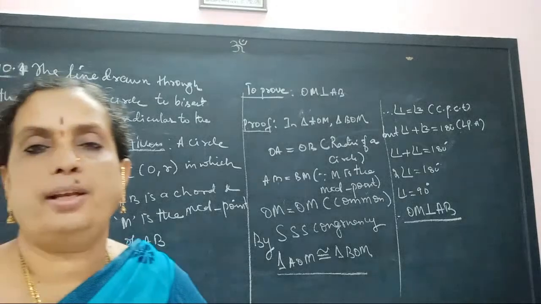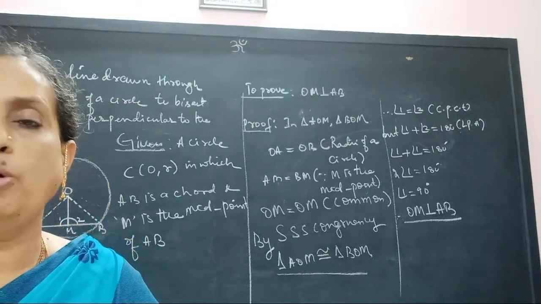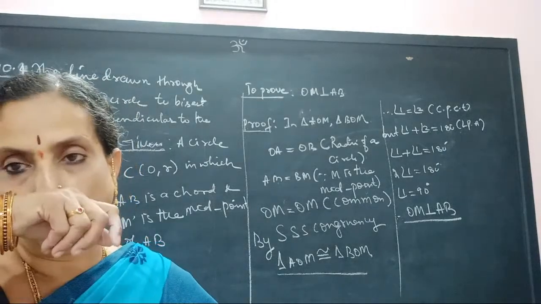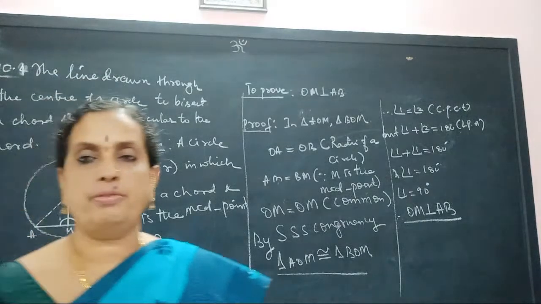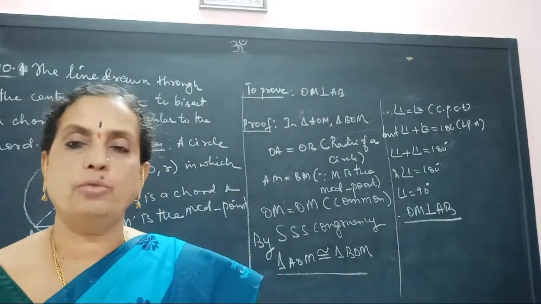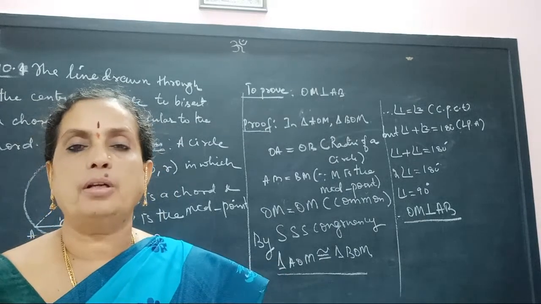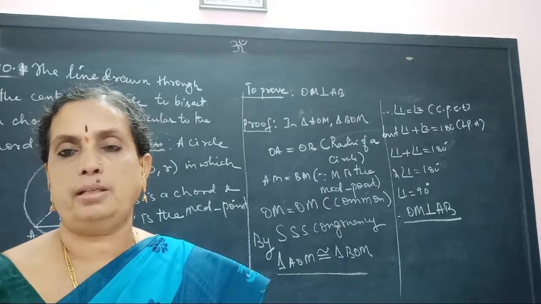Is it clear, children? Very important concept here. All the 4 properties. So today I cannot give any homework because you have to practice for tomorrow's test. Theorem 10.1, equal chords subtend equal angles at the center.